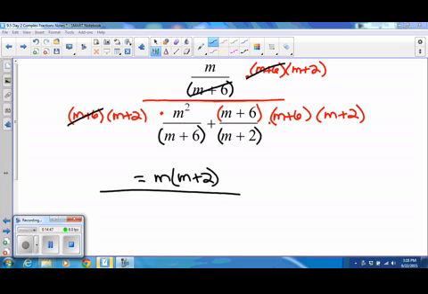This m plus 6 cancels with this m plus 6. So all I'm left with right here is m squared times m plus 2. Plus. Don't forget about this plus. This cancels with this. So I'm left with m plus 6 times m plus 6.